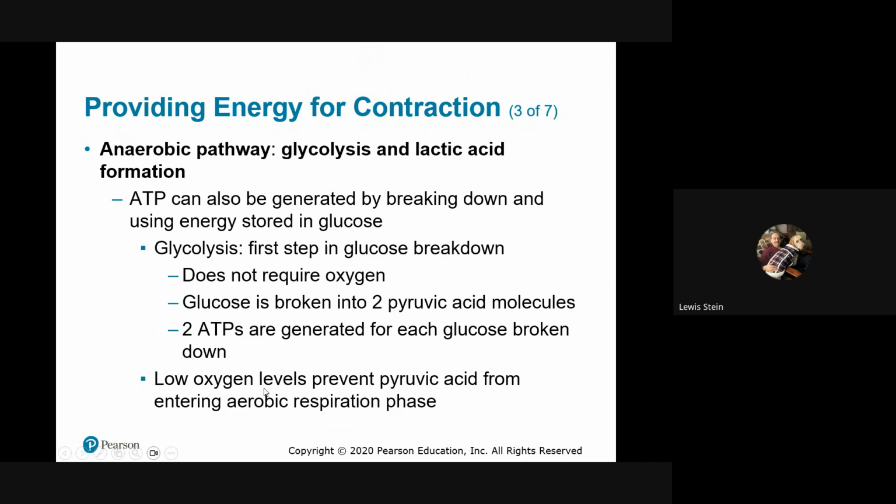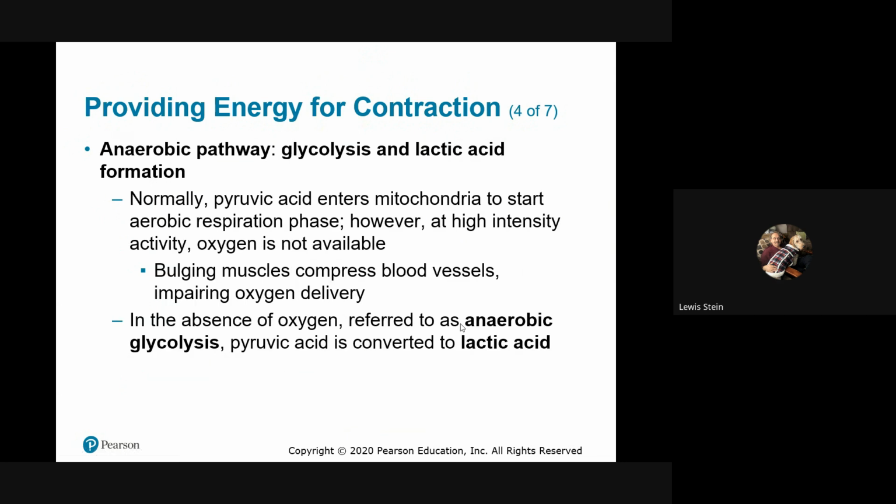So low oxygen levels prevent pyruvic acid from entering. We know that. Krebs cycle, if you want to just simplify it, enters the mitochondria, blah, blah, blah, bulging muscles, impaired oxygen delivery, anaerobic glycolysis, and we end up with lactic acid. Lactic acid is not necessarily the player that makes you stop.